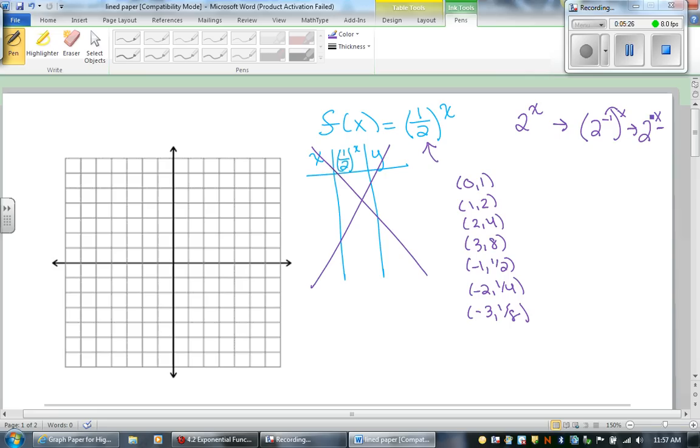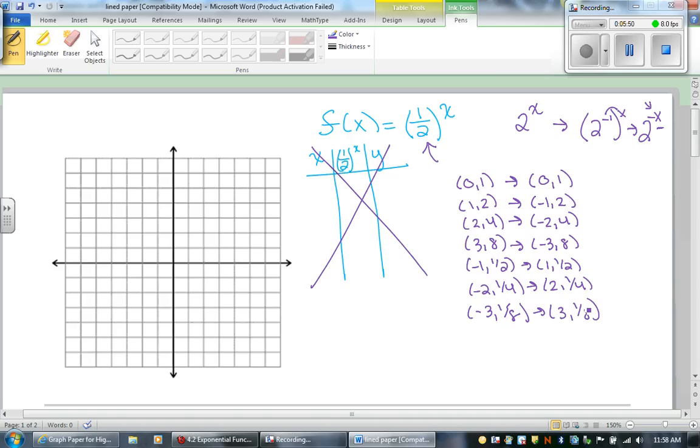Now, if I'm using this rule where x is becoming negative, I can very simply change them. 0, 1 remains; negative 1, 2; negative 2, 4; negative 3, 8; 1, 1/2; 2, 1/4; and 3, 1/8.